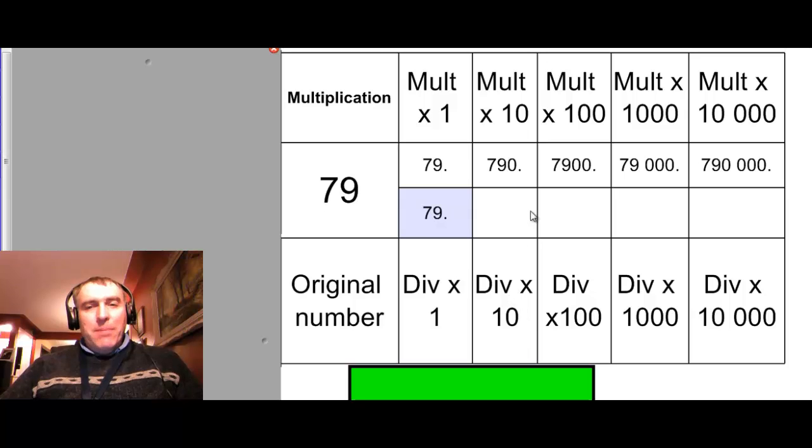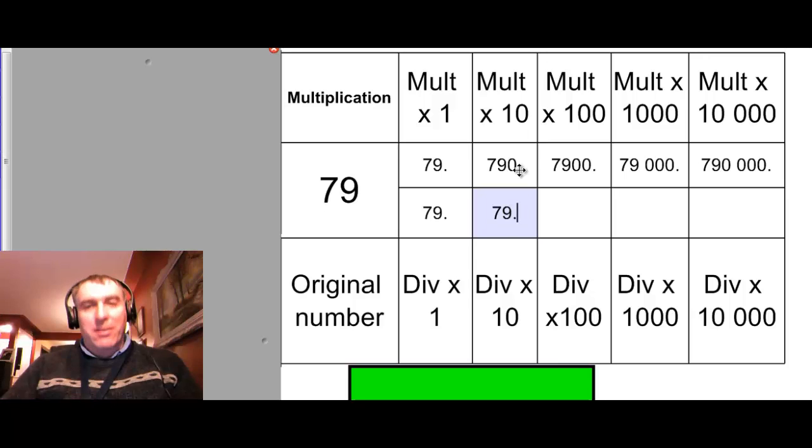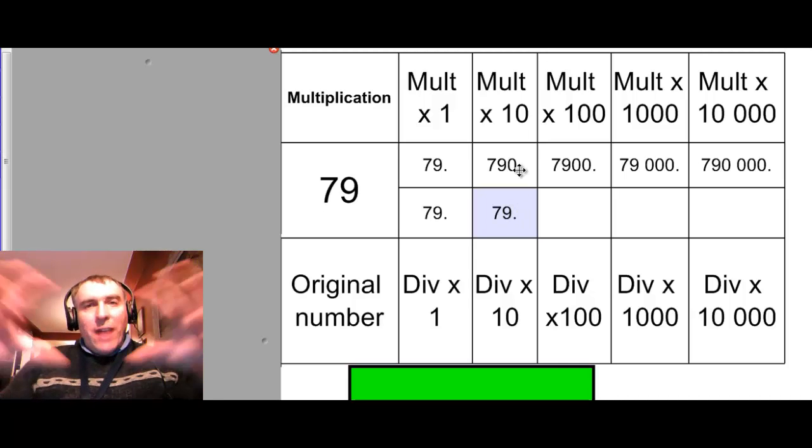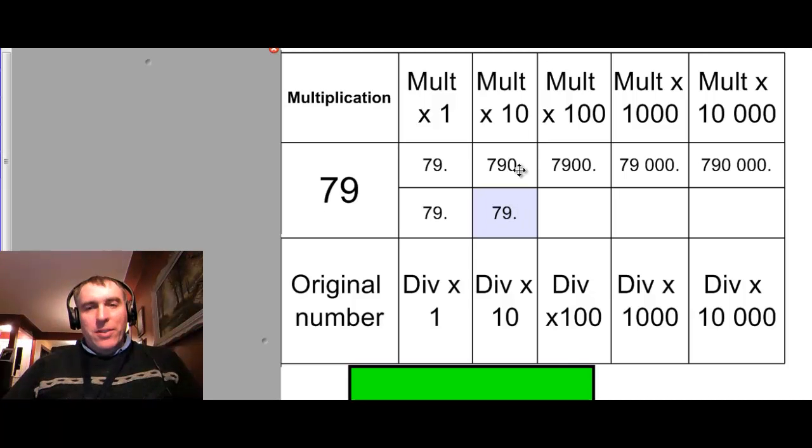Now, if you divide it by 10, this is where the decimal becomes very important because you've got the 79 and the decimal there. Well, up here, we move the decimal point to the right because we're multiplying the number. We're making it bigger. Whereas here, we're dividing the group, so we're making it smaller. We're dividing it into smaller sections.